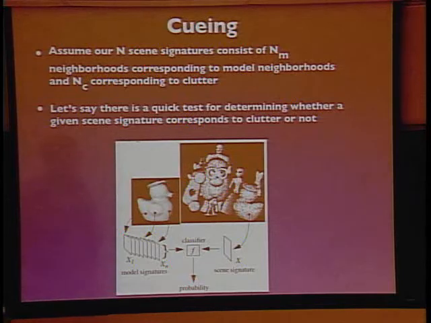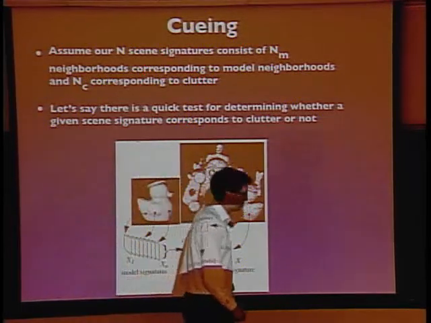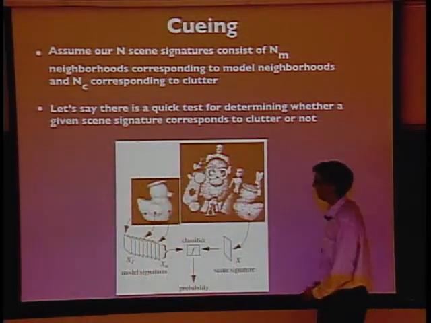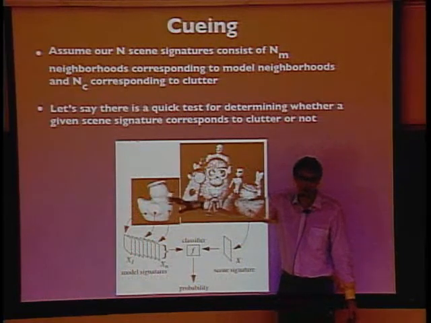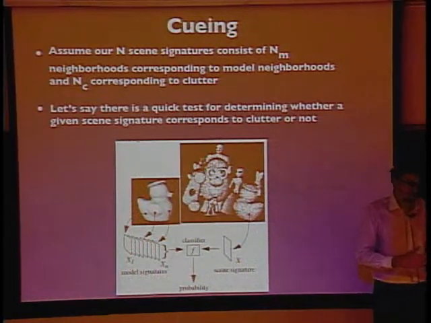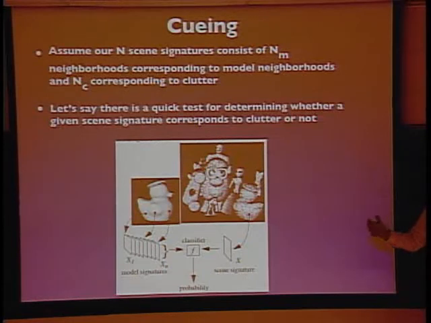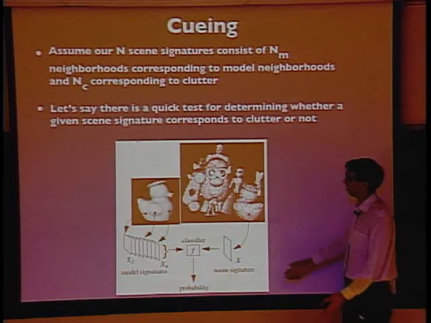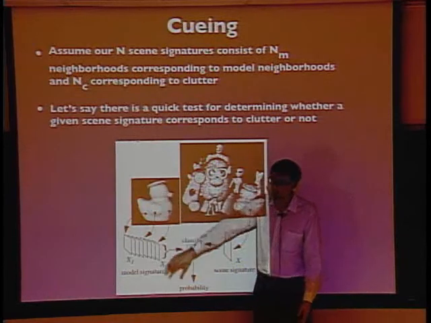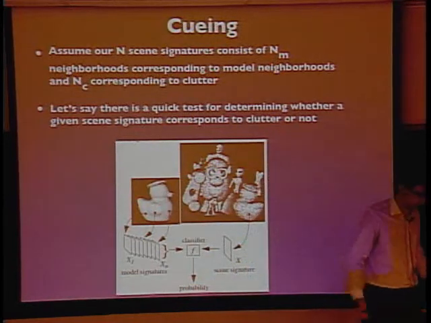So what this classifier can do is use shape signatures from our model objects and shape signatures from, well, the easiest thing to think about is that you have scenes in which your object does not appear. So those are kind of the negative examples. None of those correspond to objects in your library, and all of the signatures from objects in your library correspond to objects in your library.